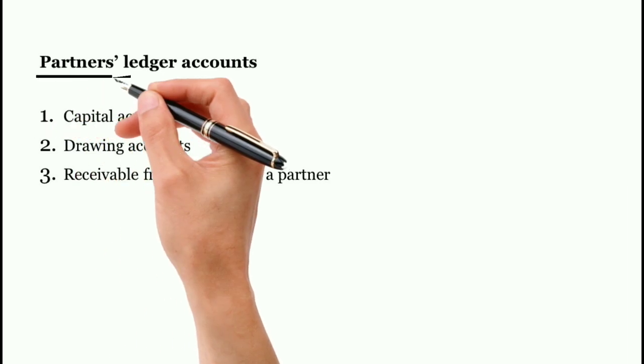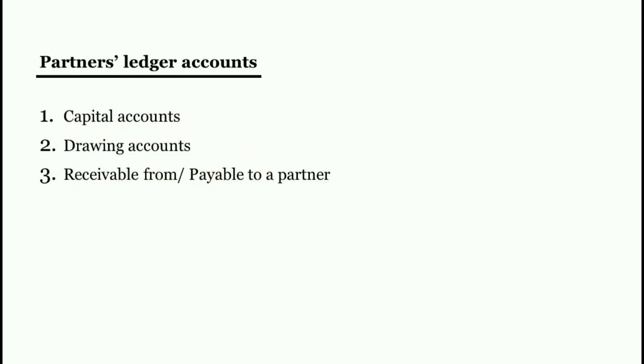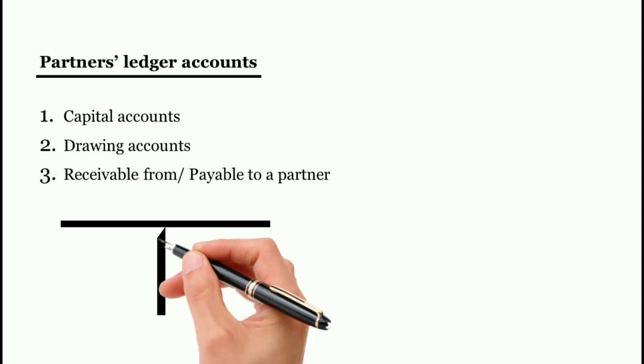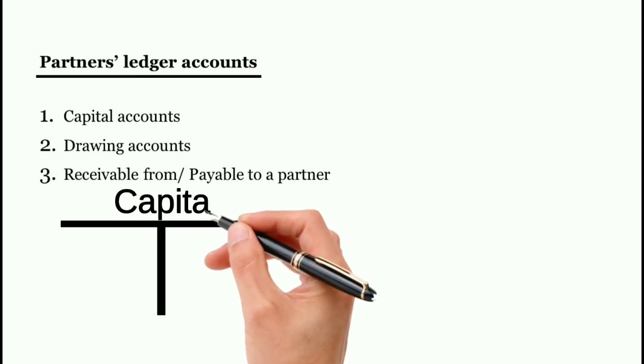Next, partners' ledger accounts. The partners' ledger accounts are capital accounts, drawing accounts, and receivable from or payable to a partner. Unahin natin yung capital accounts. The normal balance of capital is credit.